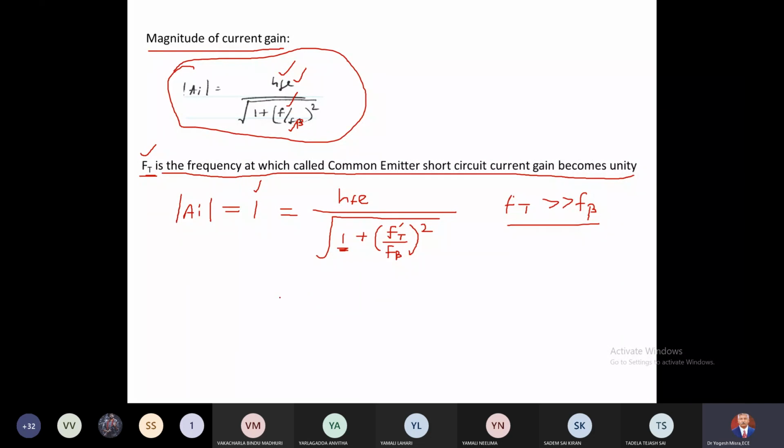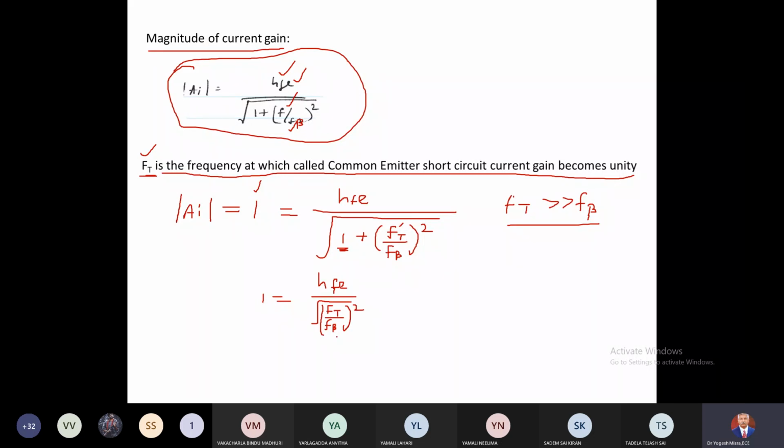So you can write it as equal to hfe divided by f over f beta whole square.